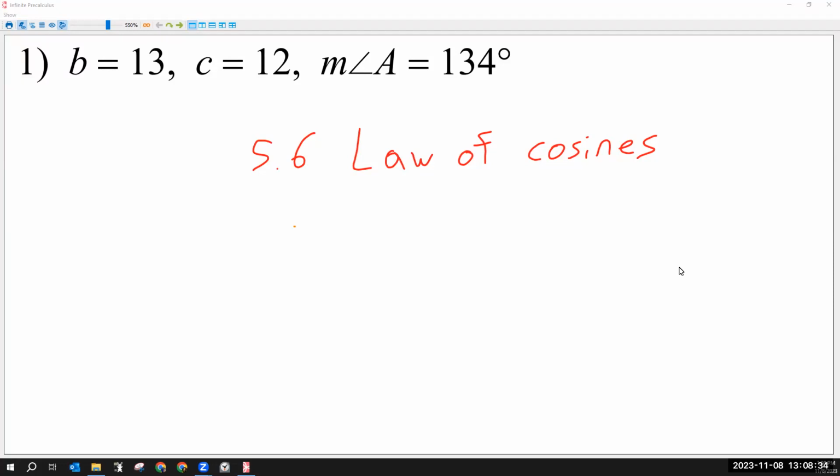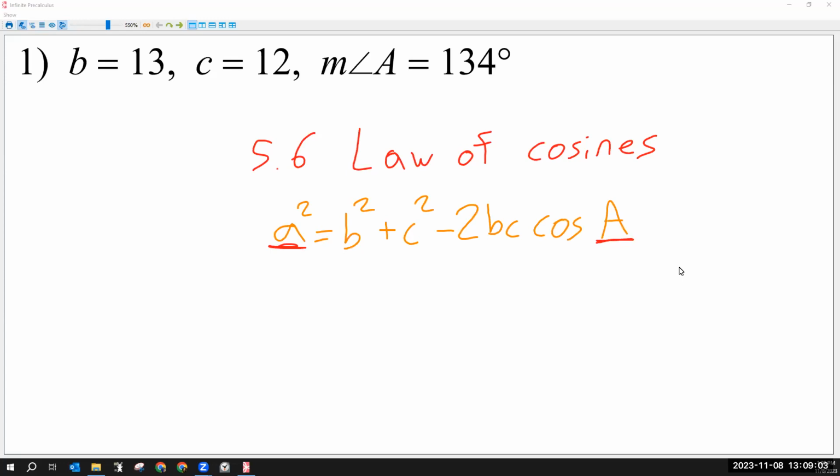A squared equals b squared plus c squared. Now, yes, it looks like there's three different ones, but all they're really saying is, whatever letter is here, the same letter goes there.